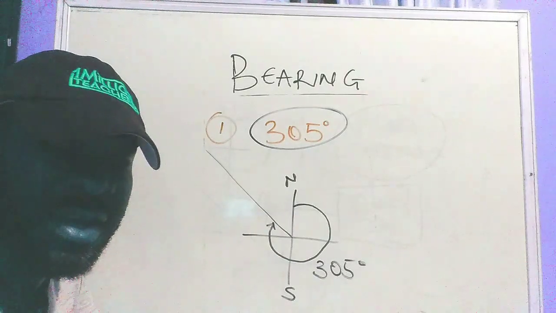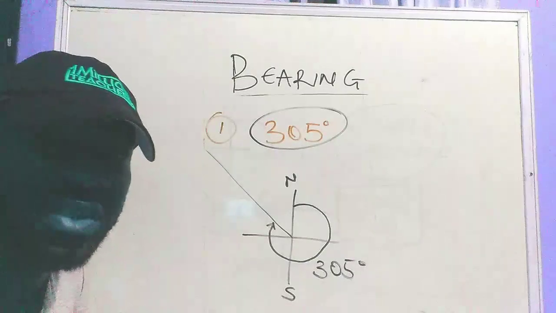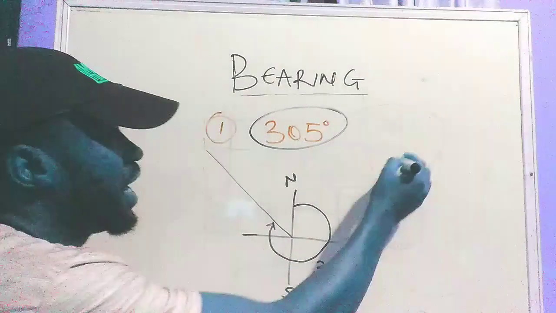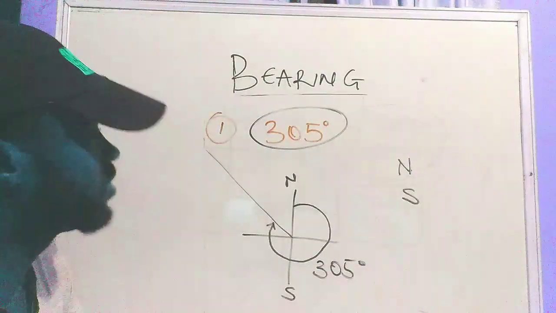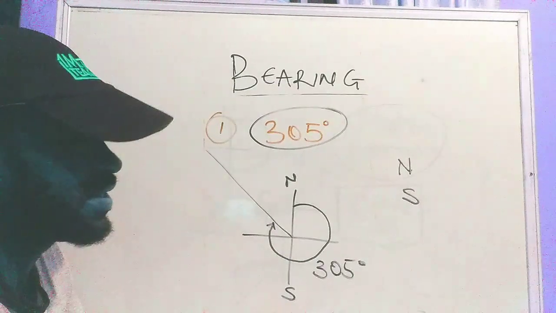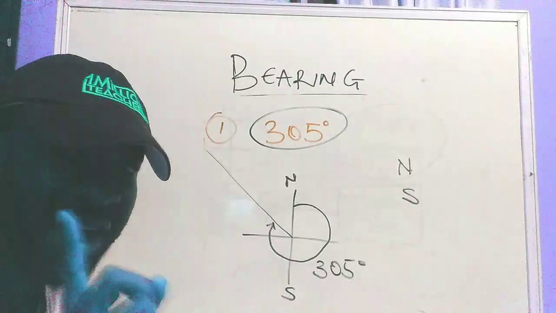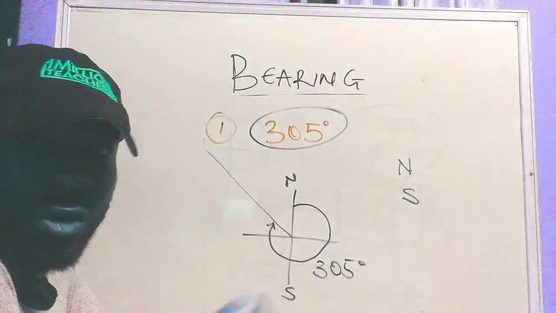Remember, we said that the angles in a compass bearing are always acute, which means that they are always less than 90. And it starts with either north or south. So all you have to do, first of all, is to look at that angle that starts from either the north or the south that is acute and that moves towards this line you've drawn.